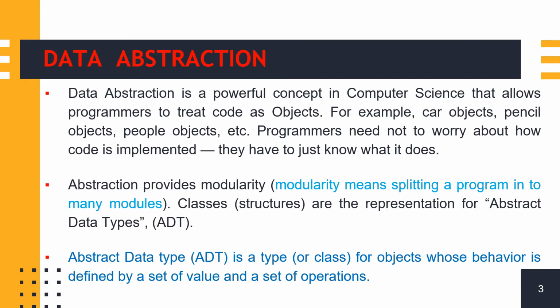Classes are structures or the representation for an abstract data type, which is nothing but ADT. An abstract data type, ADT, is a type or class for objects whose behavior is defined by a set of values and a set of operations.